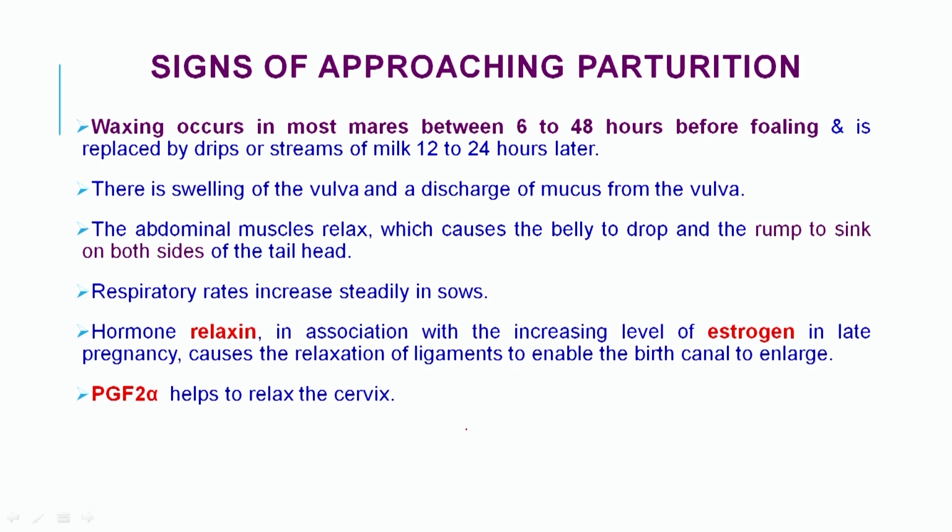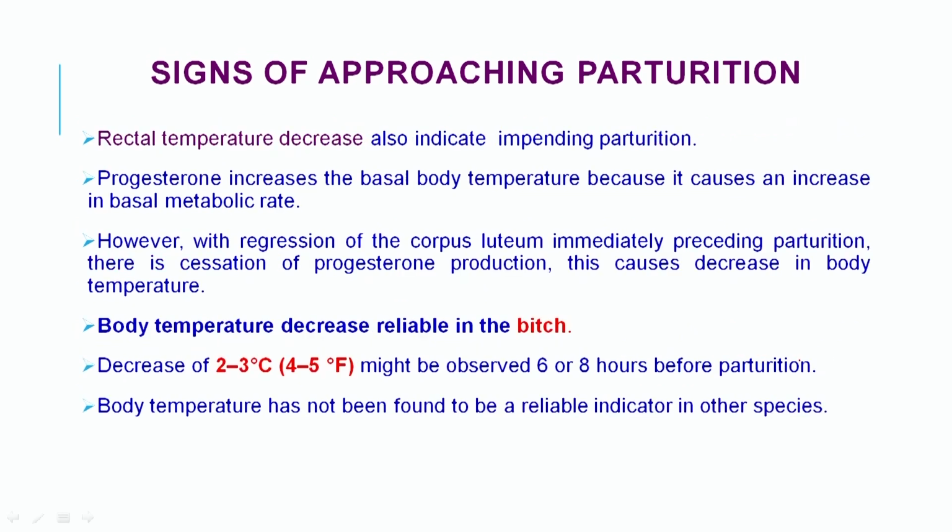The hormone relaxin, associated with the increasing level of estrogen in late pregnancy, causes relaxation of ligaments and enables the birth canal to enlarge. PGF2 helps to relax the cervix. A decrease in rectal temperature also indicates impending parturition. Progesterone increases the basal body temperature because it increases the basal metabolic rate.